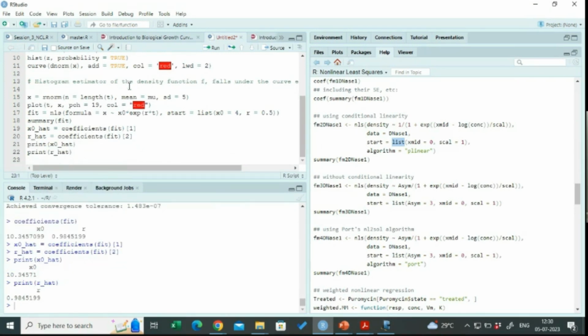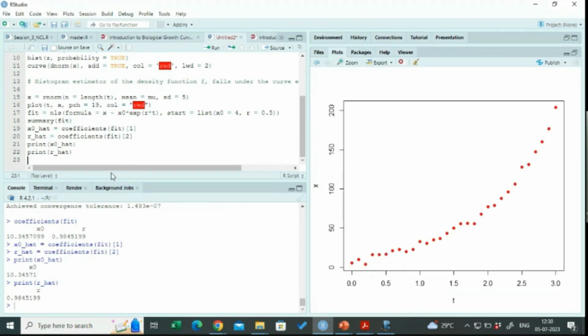Now, to see how good these estimates are, you can immediately plot a function of it, right? So you can add a curve. You can add a line with x0_hat times exp of r_hat times t.